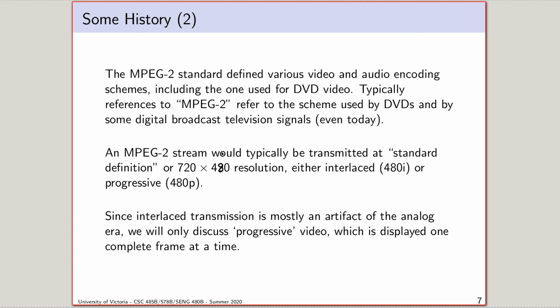A typical MPEG-2 stream was designed to maybe work with different resolutions, but the normal profile was 720 by 480 pixels at 24 or 30 frames per second. We would typically call that 480p in today's language.